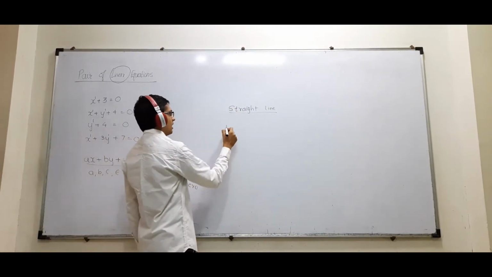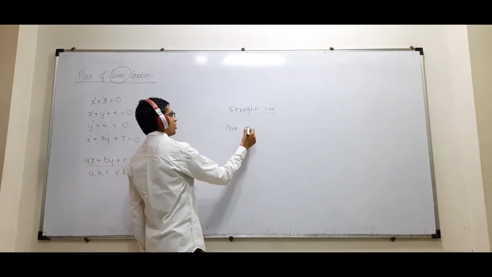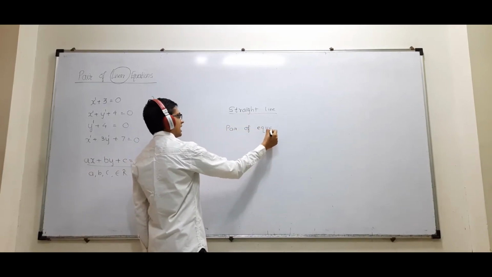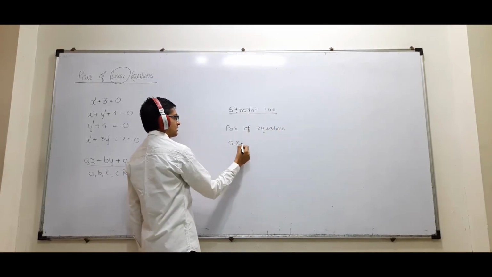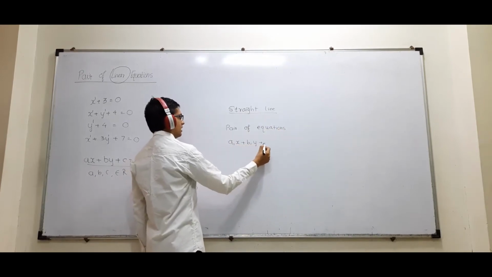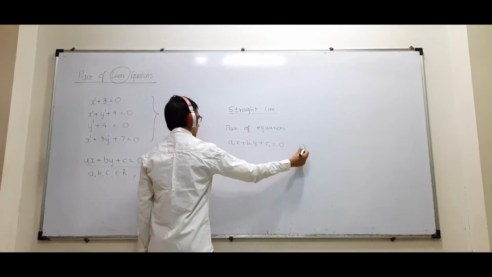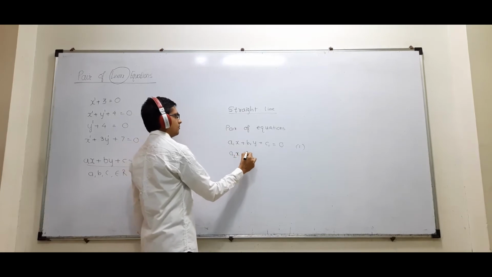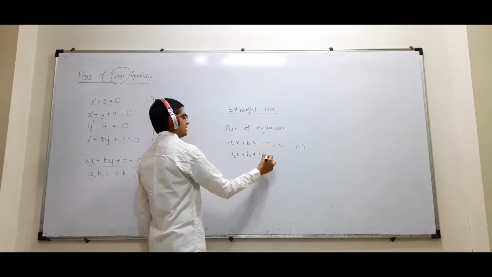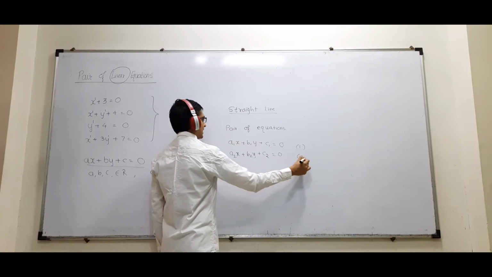Okay. Now I want to talk about what is pair of equations. Pair means at least I should have two equations. So I'll say a1x plus b1y plus c1 equal to 0, my first equation. And I'll say a2x plus b2y plus c2 equal to 0, my second equation.